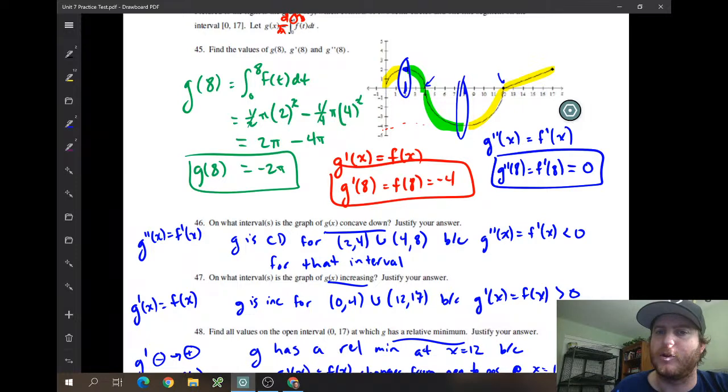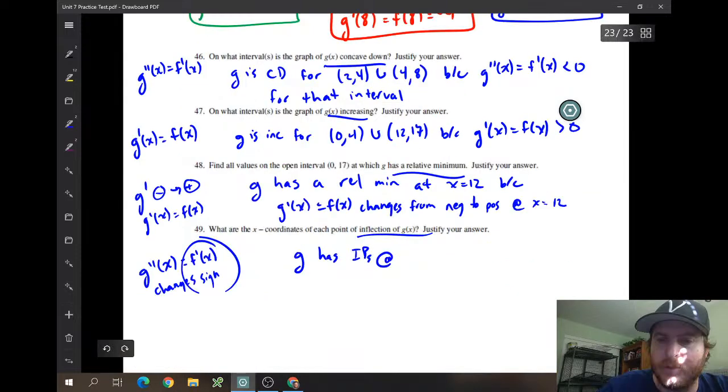So g has inflection points at x equals 2 and x equals, I think it was 8. Right, 2 and 8 we said. Because g double prime of x equals f prime of x changes signs at those points.